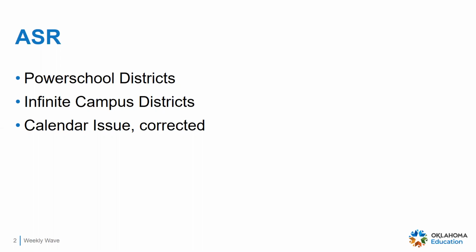This is happening because of some changes that Infinite Campus did so that they could address the change in the way that we're calculating average daily attendance and average daily membership. Since we were cutting that off as of March 12th, Infinite Campus made some adjustments, and that resulted in your first 9 weeks date coming across as 3/12 as well.